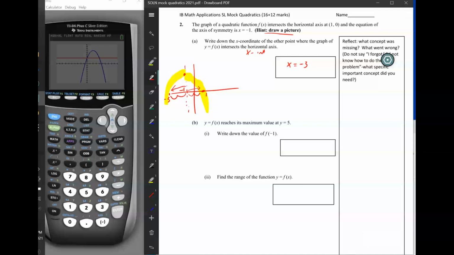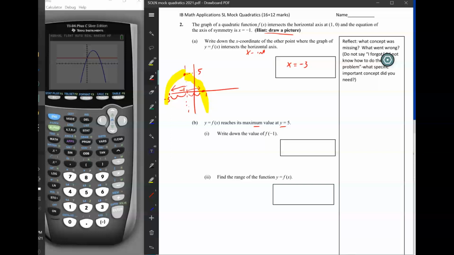Part B, y equals f of x reaches its maximum value at y equals 5. Oh, now we know that it opens down because they just told us that this vertex is at height 5, because they said the maximum value of the quadratic is at y equals 5. So that means the vertex is at y equals 5. Write down the value of f of -1.